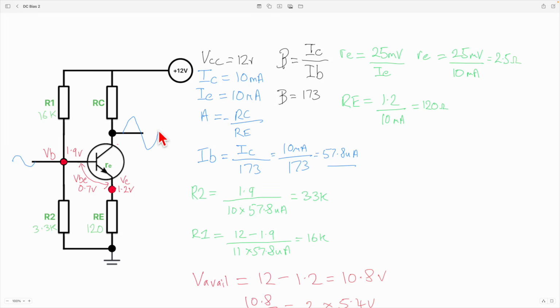So what does that make this point here? It's tempting to think, oh well, we'll make this point 5.4 volts, but we need to remember that it's offset by 1.2 volts here. So actually this point will be 6.6 volts.